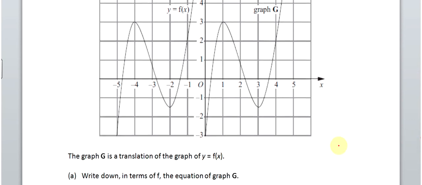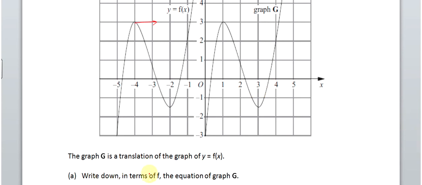Now, it tells us that graph G is a translation of the graph of y equals f of x. And we can see that because it's been moved over here and this has just been moved over here, and it's the same shape. Remember, translate is just moving around as opposed to stretches and rotates and reflects and so on.